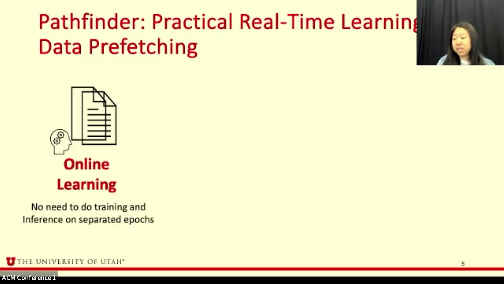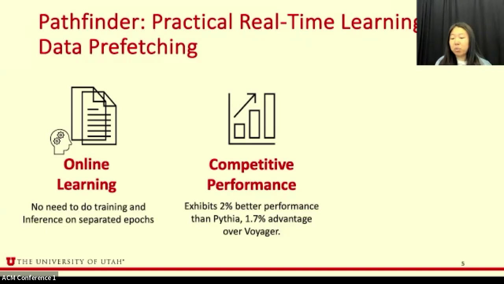With these two techniques, SNN plus STDP, Pathfinder can do online learning. There is no need for us to do training and inference on two separate epochs. And also we can achieve competitive performance, exhibiting 2% better performance than PYTHIA and a 1.7% advantage over Voyager.